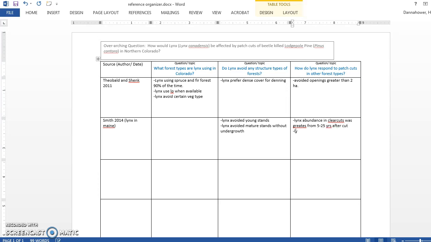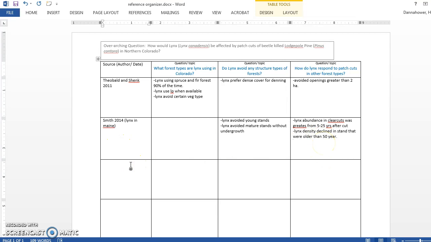I might find that lynx density declined in stands that were older than 50 years. And I'm going through and I find all this information related to doing little patch cuts or clear cuts in lynx habitat. It's okay if I don't have any information on one or more of these questions, because this article might have had a lot of information about one of the questions.